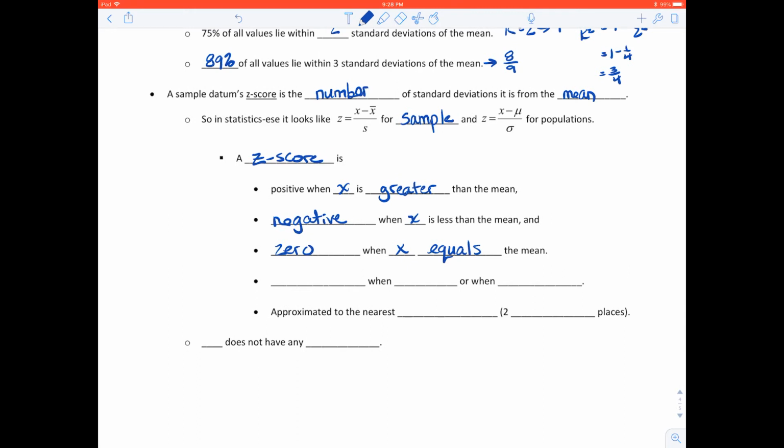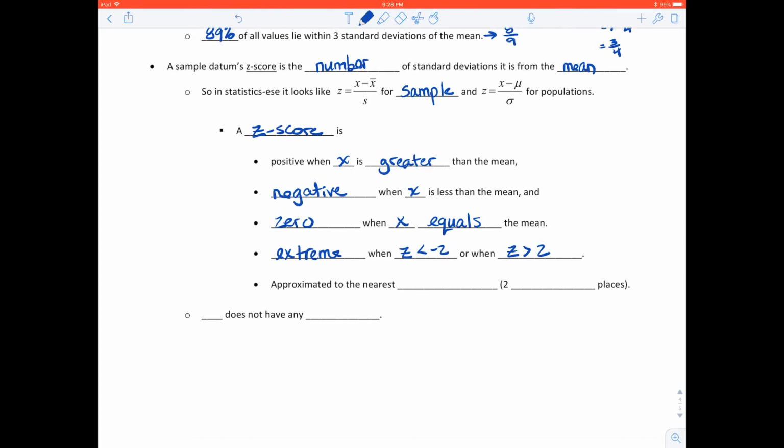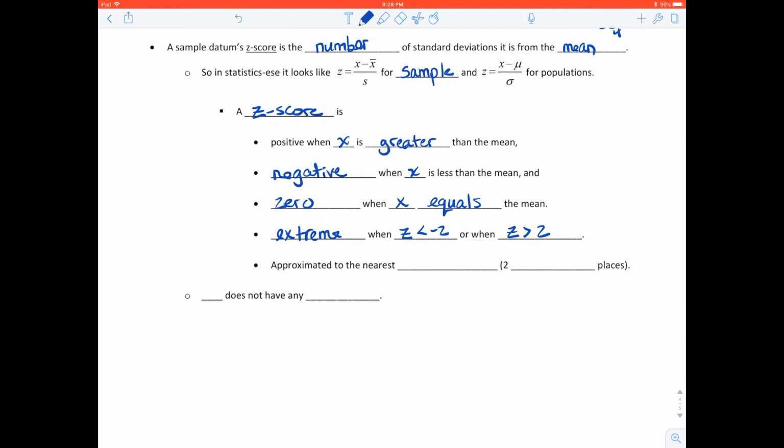A z-score is extreme when z is less than -2 or when z is greater than 2. So when it's more than 2 standard deviations away from the mean.